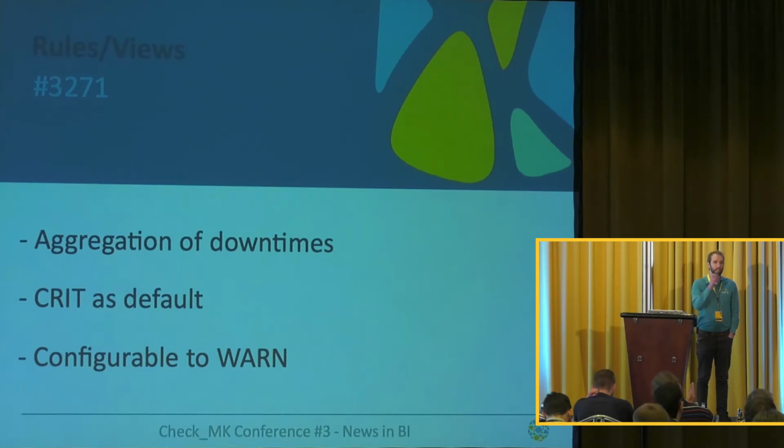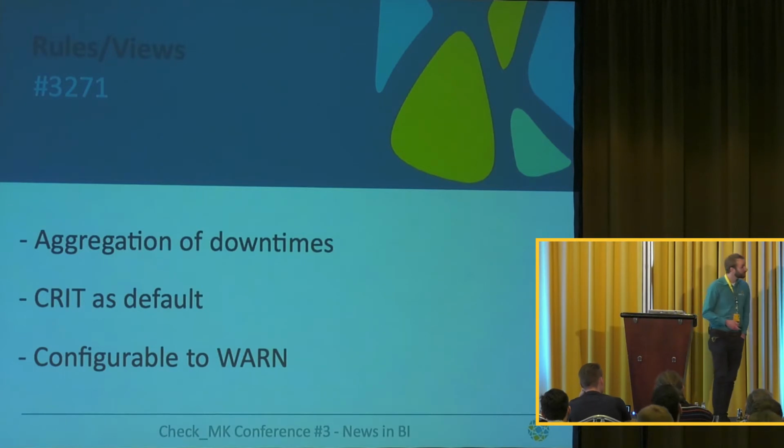Okay, so we are using the BI aggregates for the notification as well. And we always have the problem that people go there, acknowledge or put a service in downtime because something happened. And our problem is that if something is critical, then we still have critical up there.